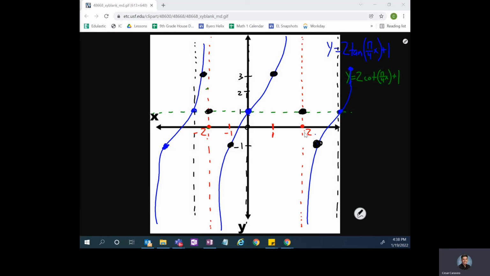Okay? After that, we have everything we need ready to go, so I'm actually going to erase these asymptotes because we no longer need them. Just to make this a little nicer. Our midline, we can keep, but I'm just going to erase it. Our original tangent function, we no longer need, so going away too.